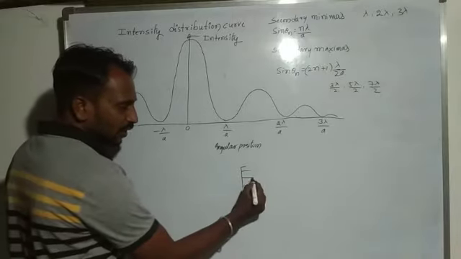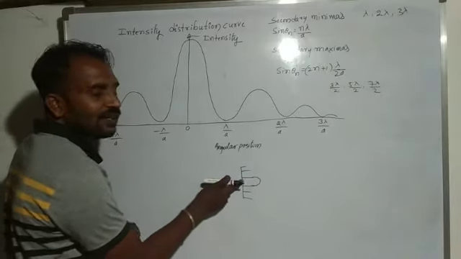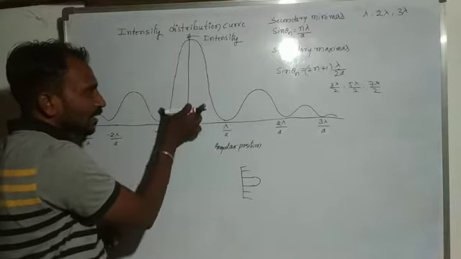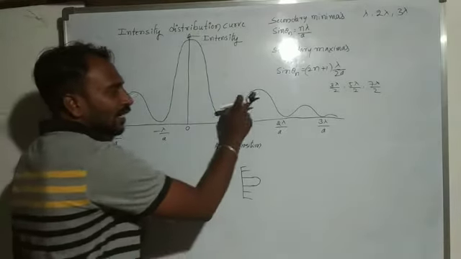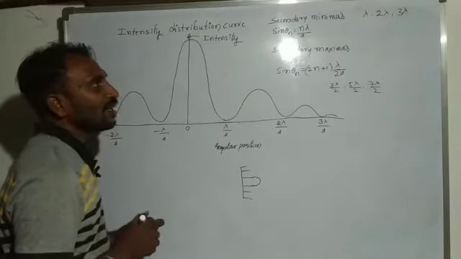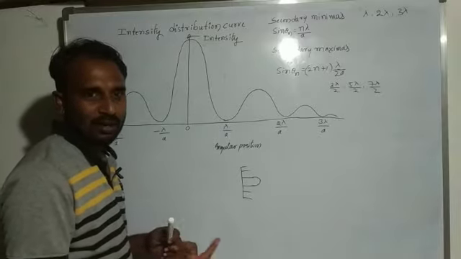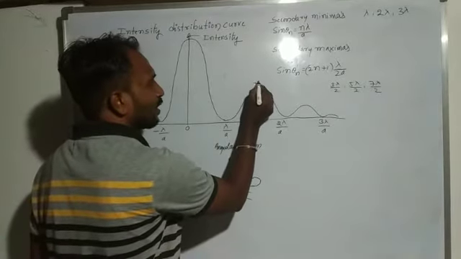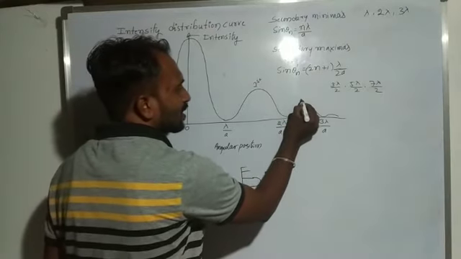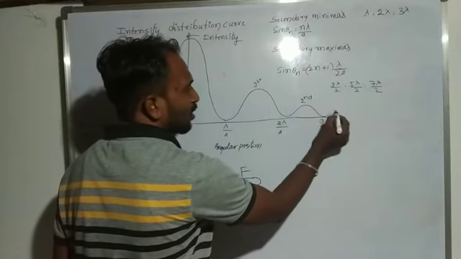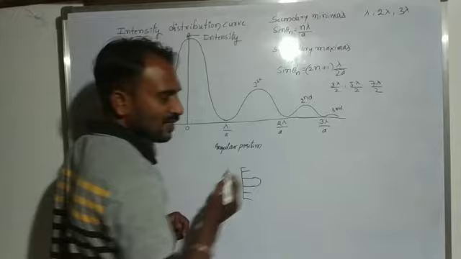The first fringe we consider the central maxima. The second bright fringe we consider a secondary maxima, the first secondary maxima. Next, second secondary maxima, third secondary maxima.